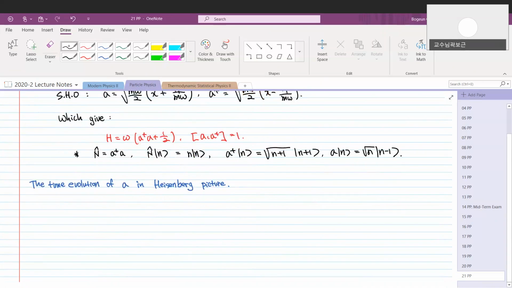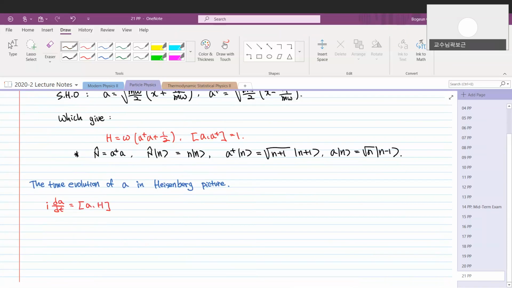According to the Heisenberg picture, the equation of motion for the operator satisfies i times the derivative equal to the commutation relation for a and H.